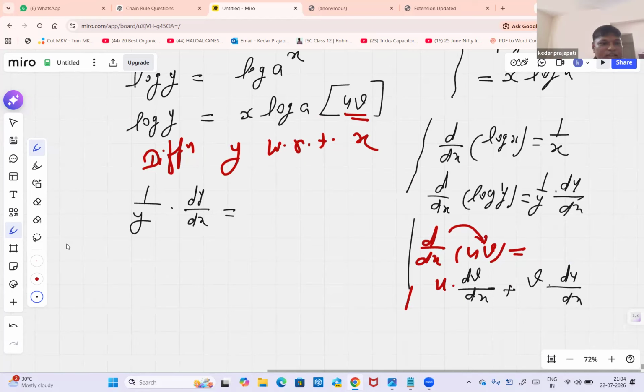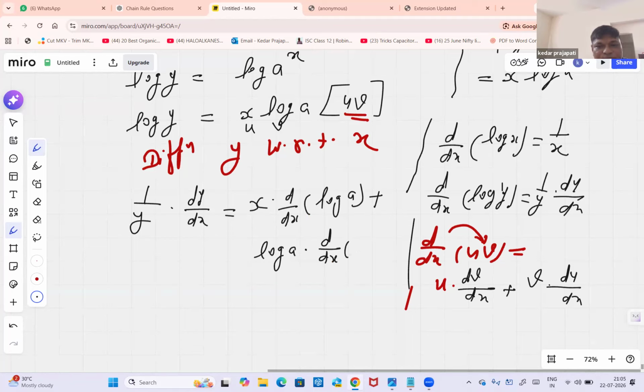Now it is x log a. Suppose we are taking this as u and this as v. So take x outside: x into d by dx of log a, plus, now this is uv, take v outside, means log a is coming outside, into d by dx of x.